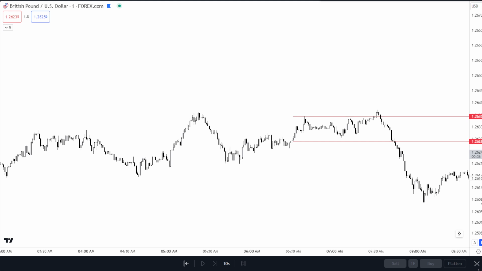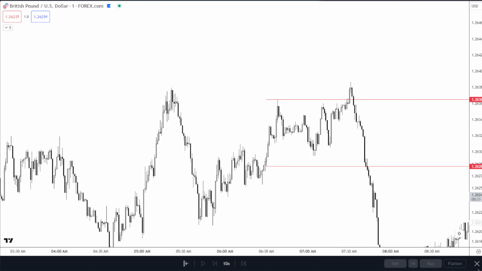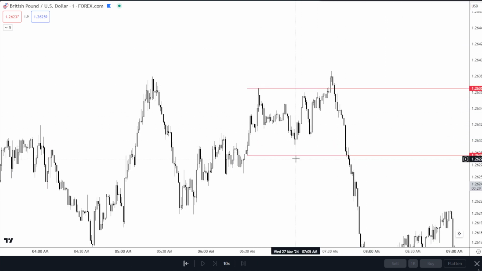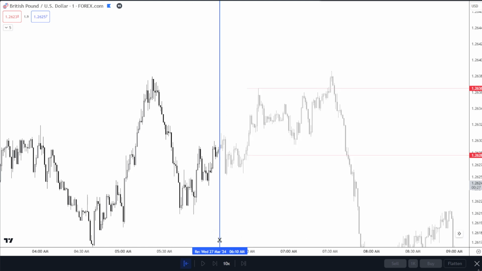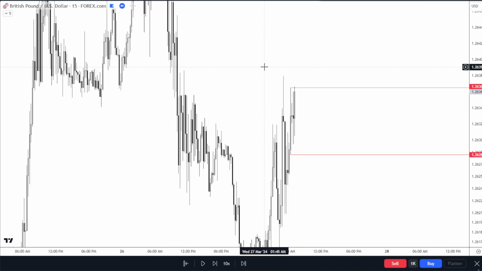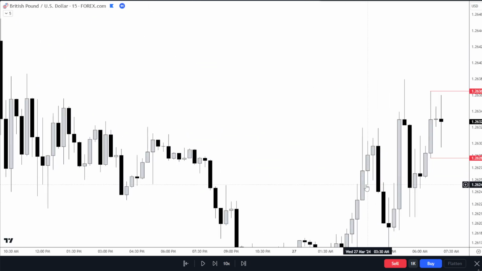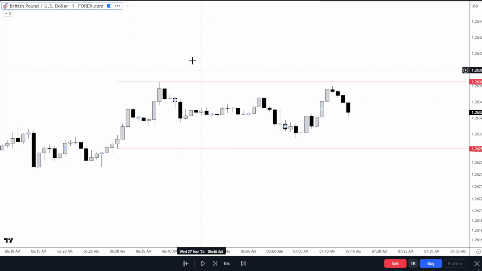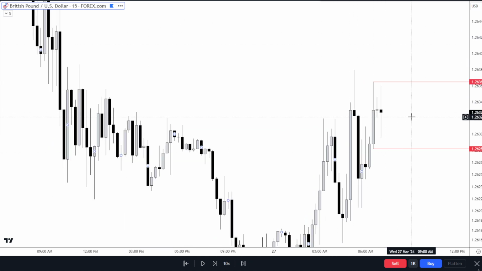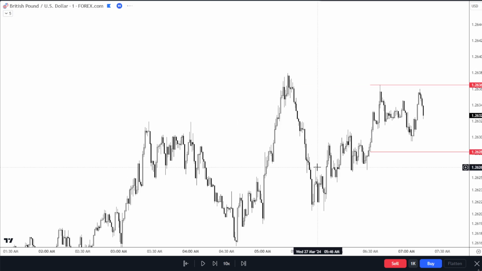So we had two 15-minute candles here. Like at this point, that's quite an obvious range, even though it's only 3 candles. On the 1 minute, it's a clear range, but on the 15-minute it's only 3 candles. So on the lower time frame, it's going to be an obvious range. Well, it should be.